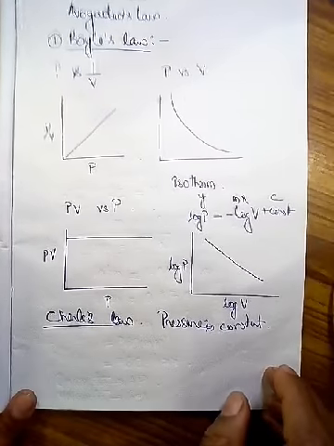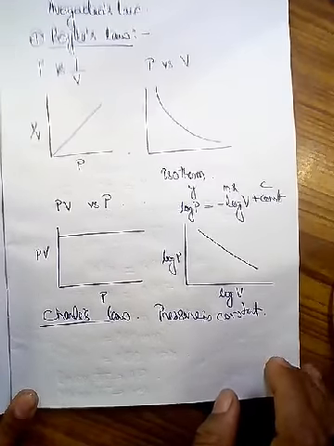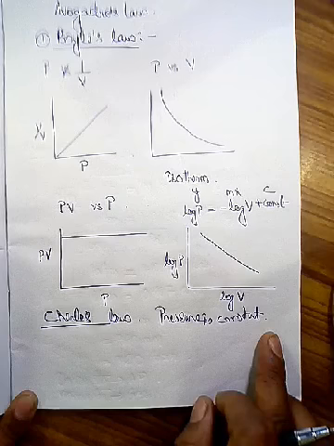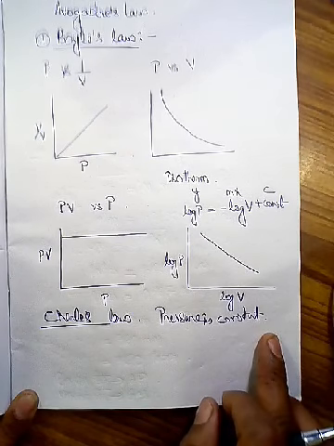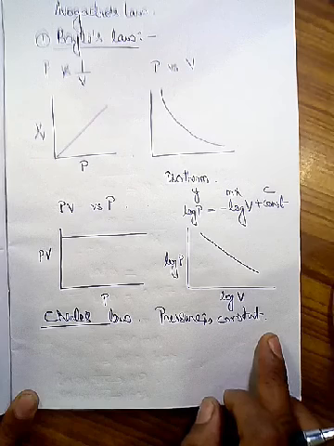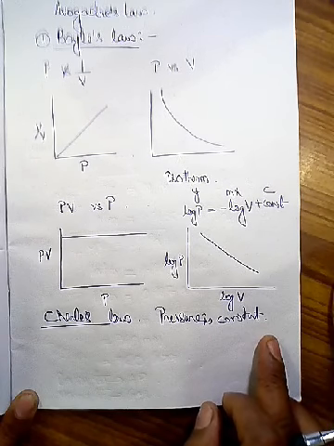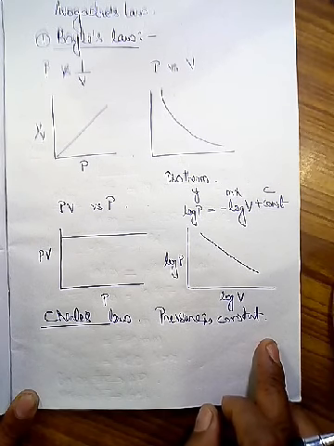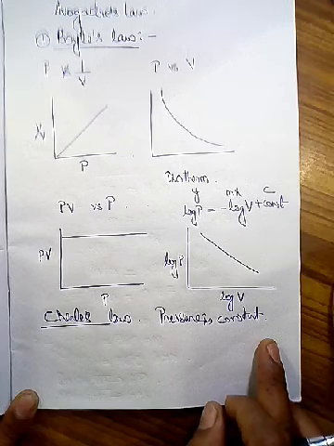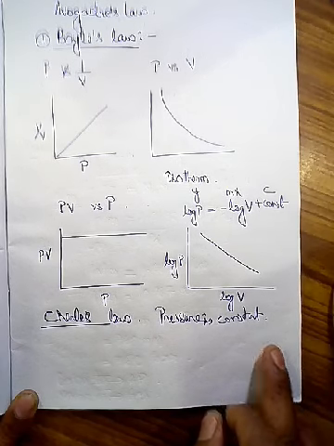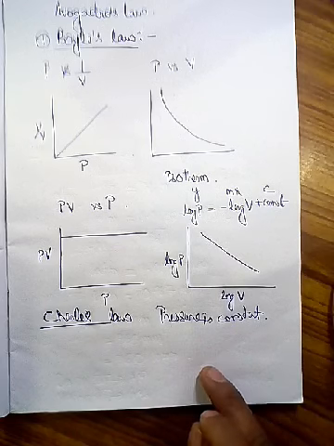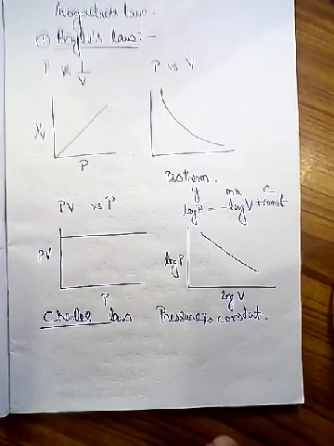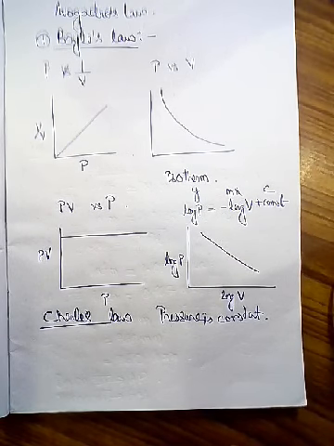It says that pressure is constant and the volume of a gas increases or decreases. That means temperature increases, volume increases. Temperature decreases, volume decreases. But there is a relationship between how much the volume decreases or increases, and that is given in Charles' law.